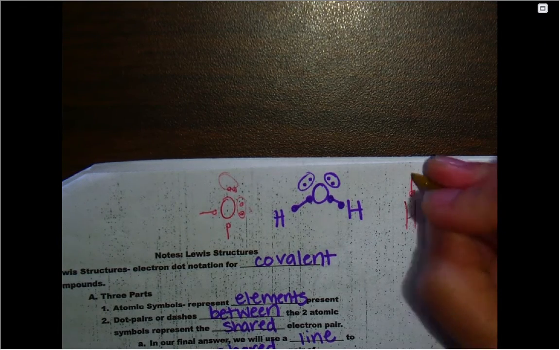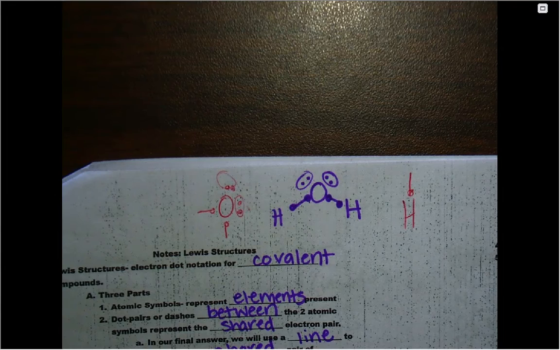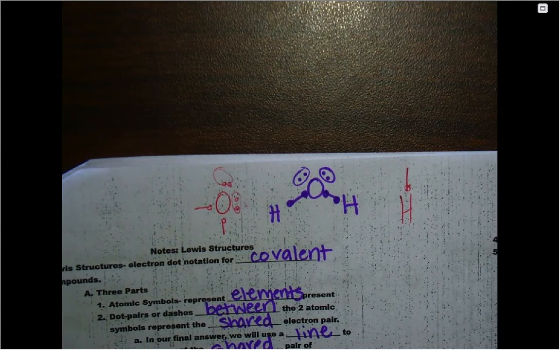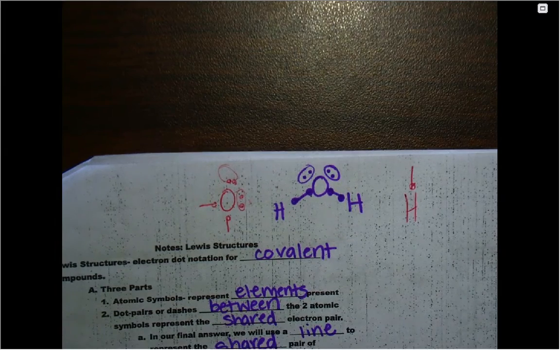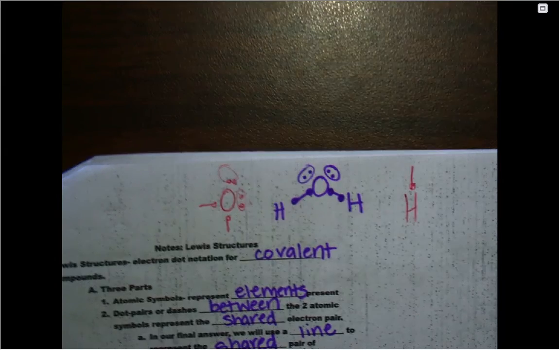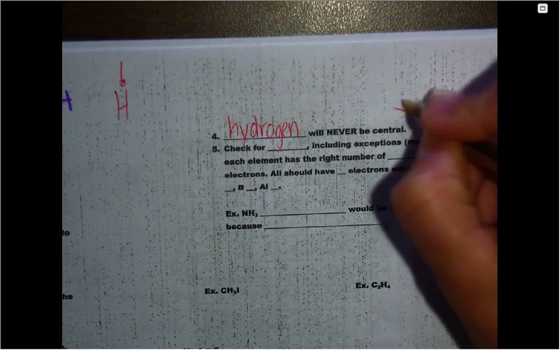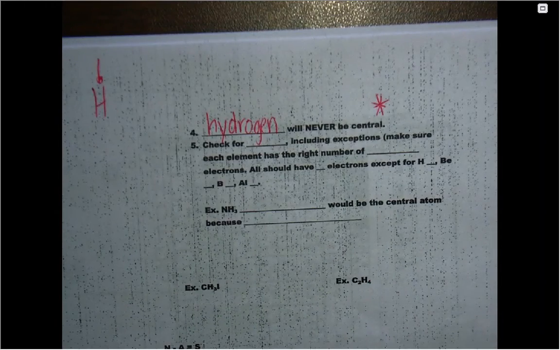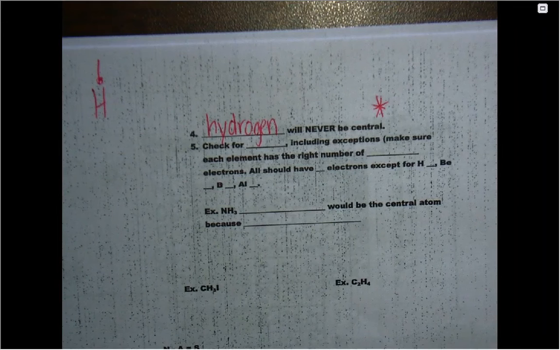Meaning it bonds and it's done. So, should hydrogen ever go in the center? No, it's not the friendliest one. It just shows up everywhere. So hydrogen will never, ever, ever be central. There's also one more group on our periodic table that will never be in the center because it can only bond in one place. Any ideas?